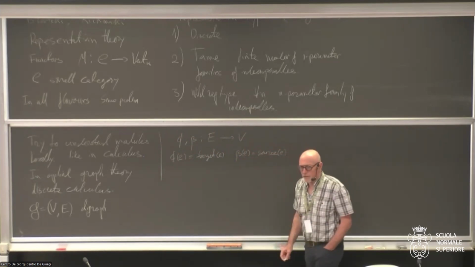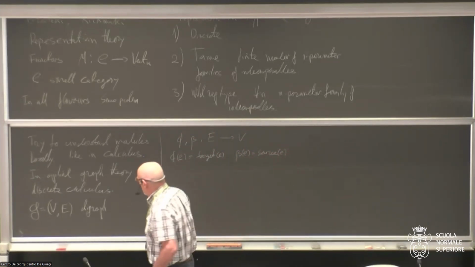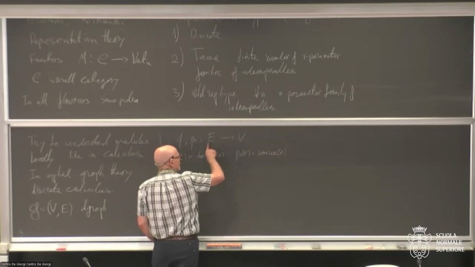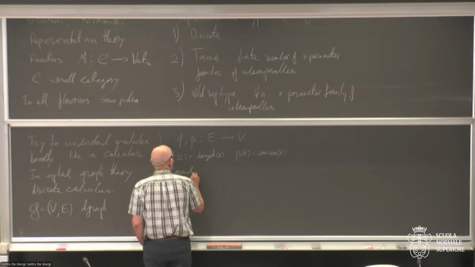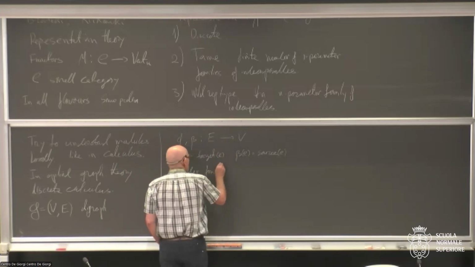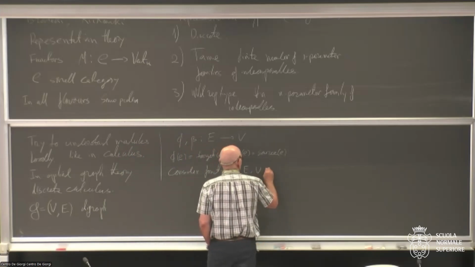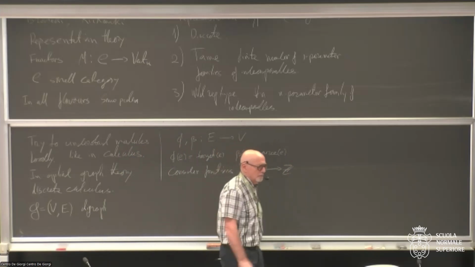I have these two functions, all right? And now I want to think about functions on the edges and the vertices. So consider functions from E and from V into the integers.